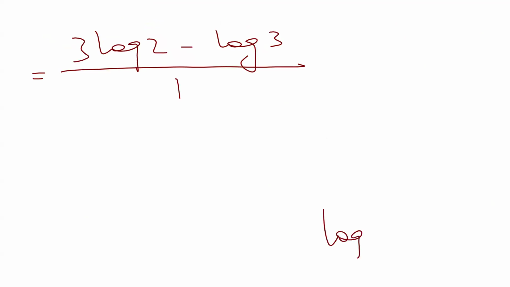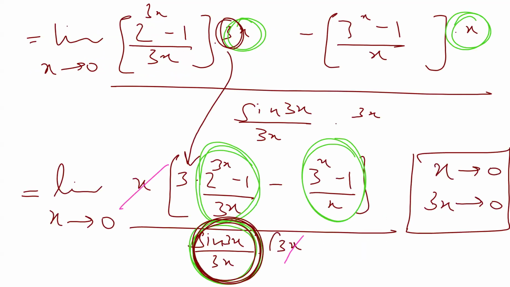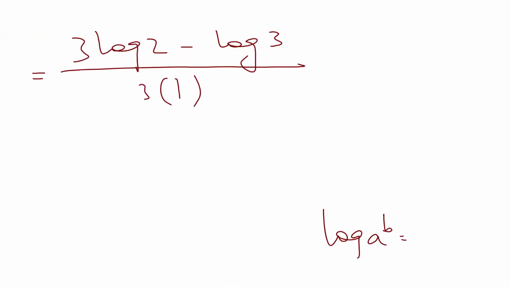Now there's log 3 also in the denominator. Sorry, there is 3 also. Okay, this 3, so correct. You should not miss out on such kind of information. Good. Log a raised to b is b log a. This property of log I have already given to you.